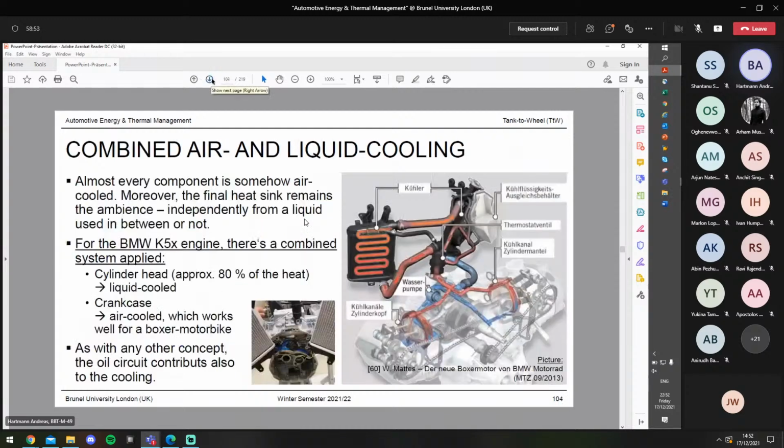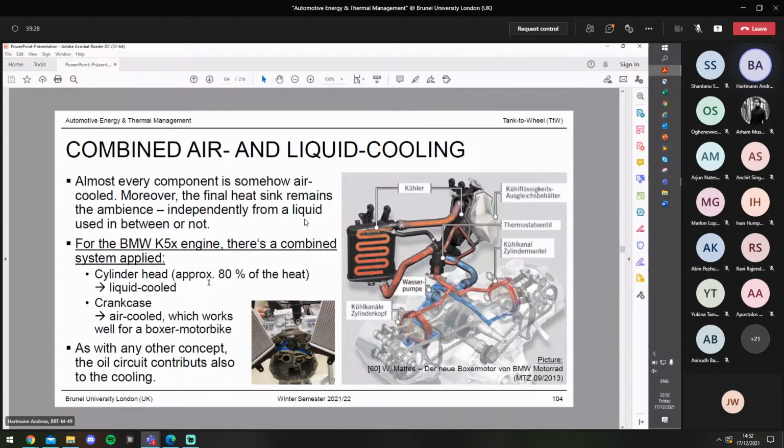But there are, meanwhile, especially for motorbikes, also combined air and liquid cooling systems established. So, for example, the latest BMW GS motorbike has such a system applied. As you maybe know, approximately 80% of the heat is created in the region of the cylinder head. So this is where the combustion takes place.